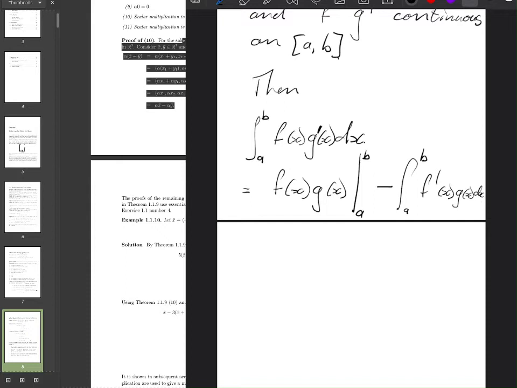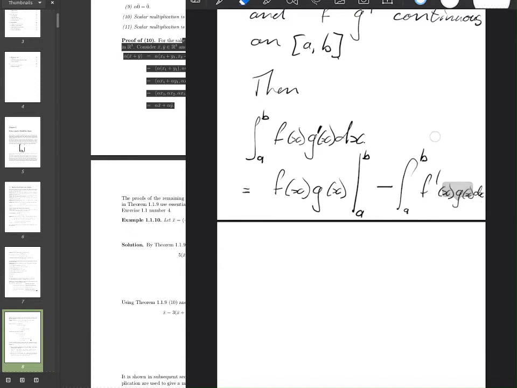Okay, so let us take a look at what is going on here. If we want to compute an integral of the product of two functions, where one of the functions is a derivative, then we can move the derivative to the other function. Notice that here we can change the derivative from the one function to the other function, to get the following here, and we have to add this term over there.